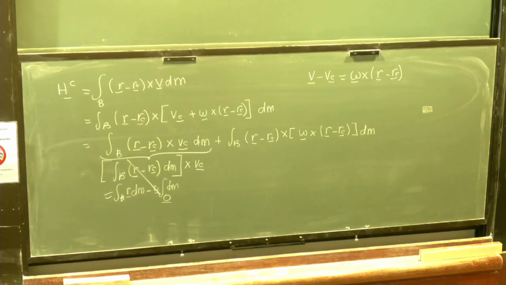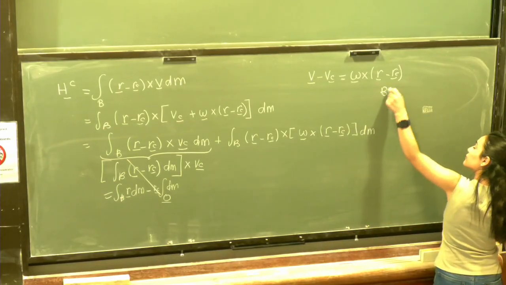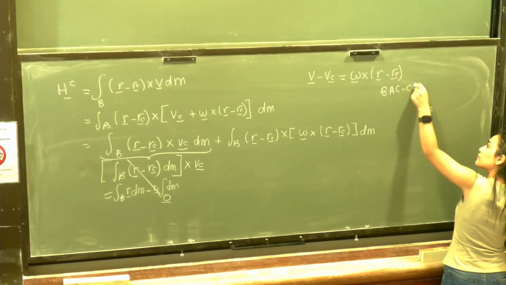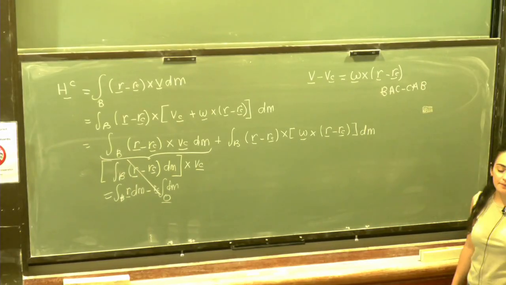Now I want to simplify the other term, and for this I'm going to use the BAC-CAB identity. Have you heard of the BAC-CAB identity? Google it real quick. What is it? What does it say?